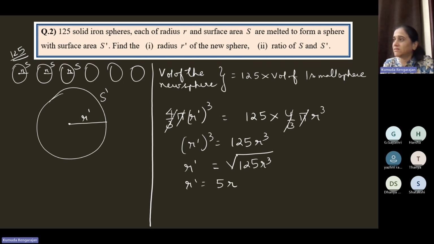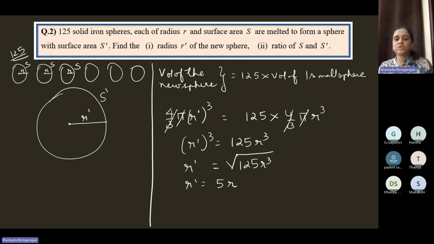But you can find an expression connecting the radius of the new sphere and the radius of the small sphere. So r dash, the radius of the new sphere, is 5 times the radius of each small sphere.